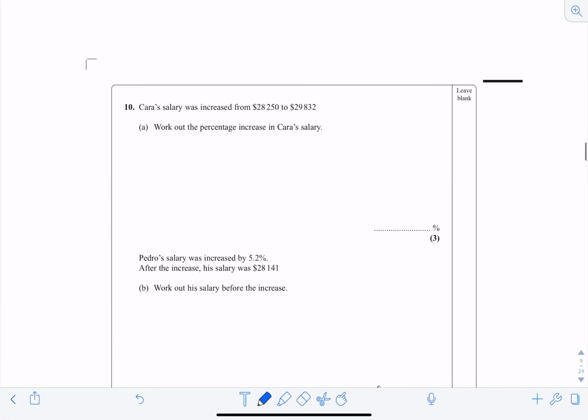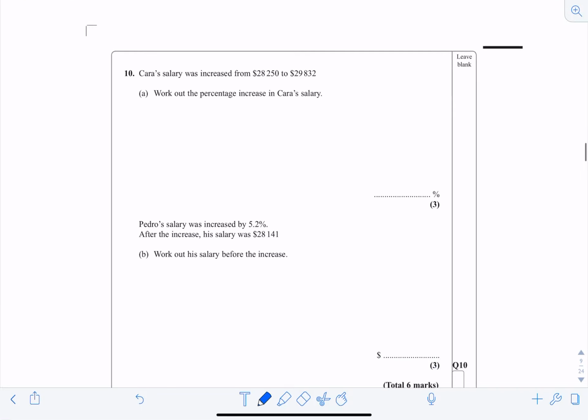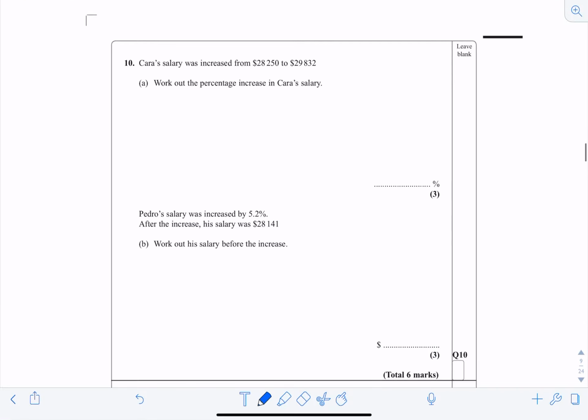Let's carry on. Number 10, Kara's salary was increased from $28,250 to $29,832. Okay, for percentage increase, I will always, and I still do this, doesn't matter what type of question it is, write down what happens.